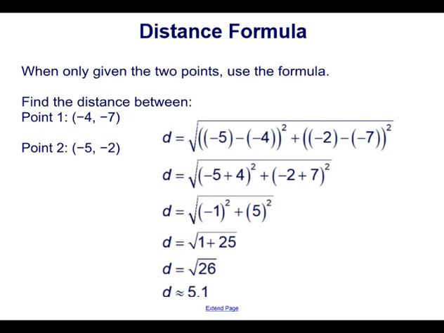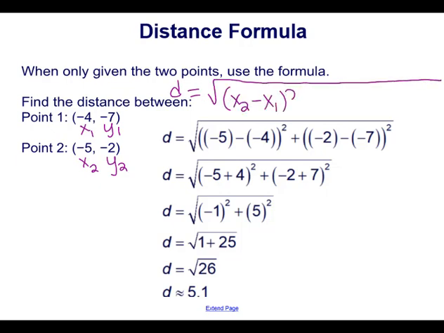We can think of the first point as x1 and y1, the x and y coordinates of the first point. And we have point 2 as x and y of the second point, so that would be x2, y2. So we can substitute that into the formula. We'll be general first: d equals the square root of x2 minus x1 squared plus y2 minus y1 squared.